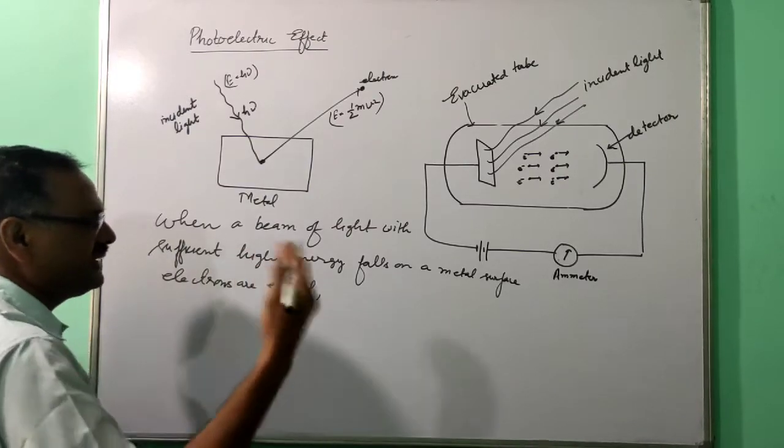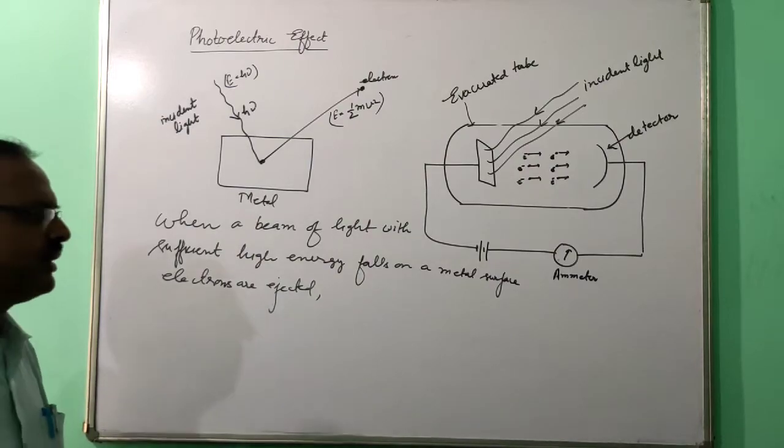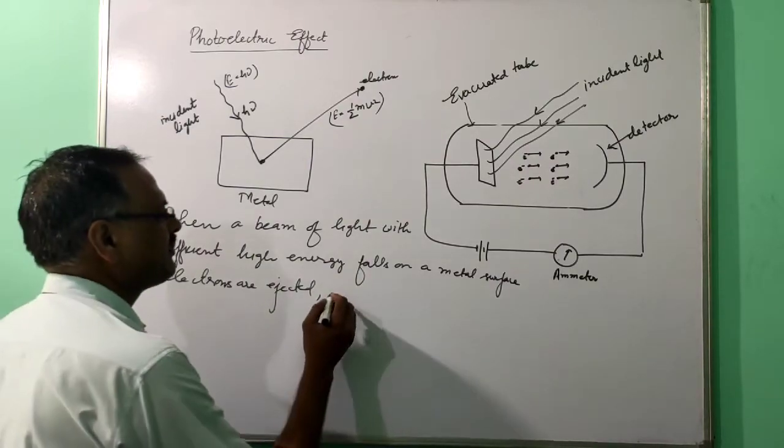Ejected means they are removed from the metal. Electrons are ejected.